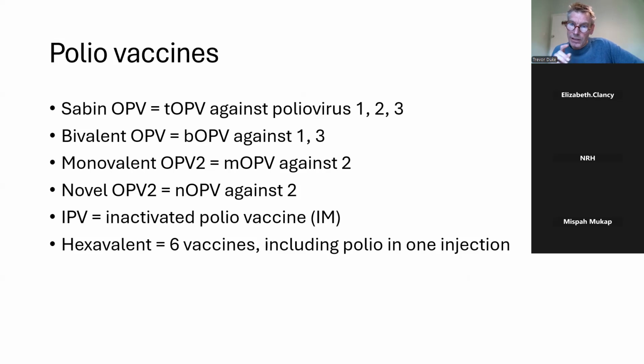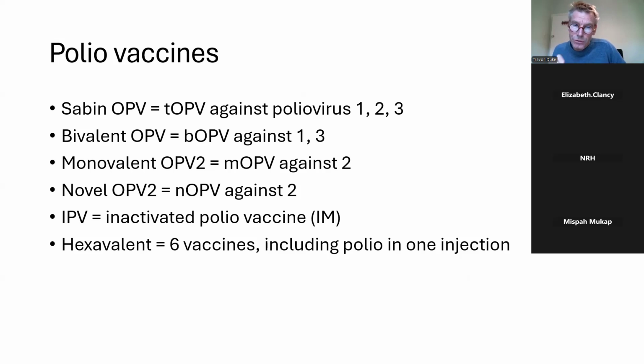And the reason why WHO and all countries changed from TOPV to BOPV was because of the risk of vaccine-derived polio from circulating virus 2. If it circulates in populations of low vaccine coverage and poor sanitation and high levels of immunodeficiency, then that may become neurotropic. There is also a monovalent OPV against poliovirus 2, but it's not used now, so you can forget about that.